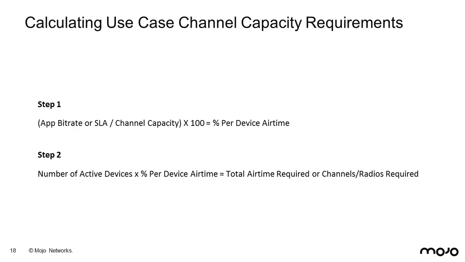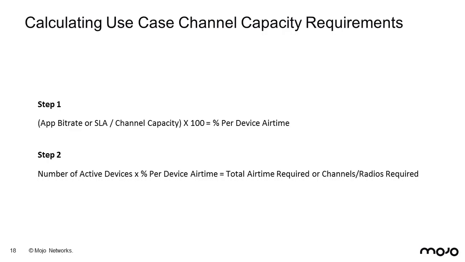Again, we're designing for the worst case scenario, or the per client service level agreement in throughput, and you divide that by the channel capacity times 100, and we'll get per device airtime. Then in step 2, we just multiply that times the number of active devices, not necessarily the number of devices that are connected to the radio, but the ones that are going to be active concurrently. And that'll give you your total airtime required, or the number of unique channels.